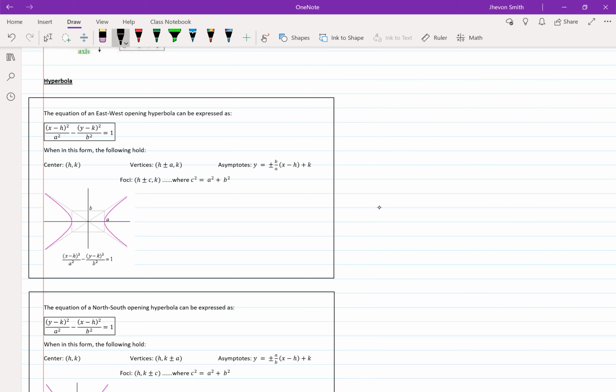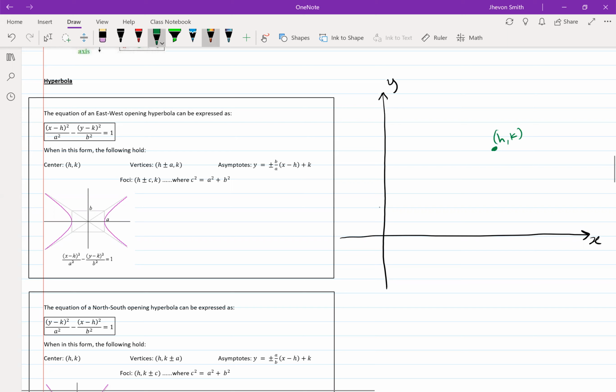So here's how a hyperbola is going to look. So again, here's some axes. So again, we are going to identify the center. So let's suppose for argument's sake, it's over here, h comma k. And once again, we are going to move a units in the x. Say it's that.